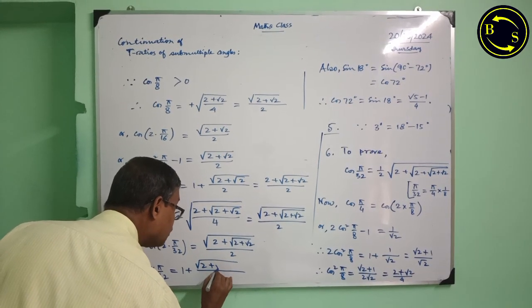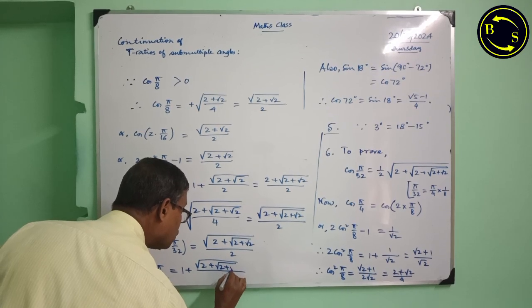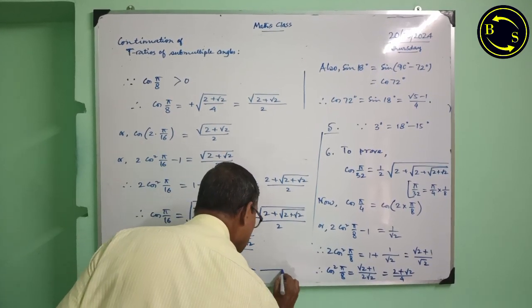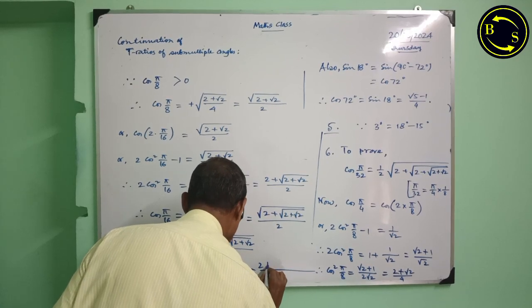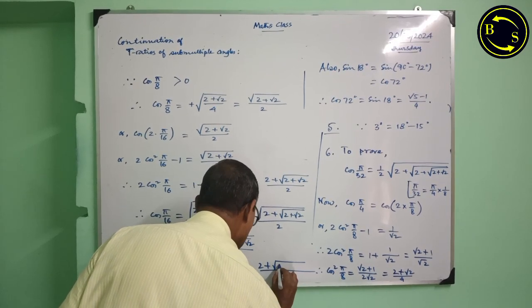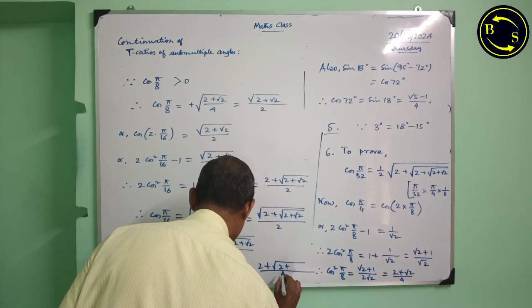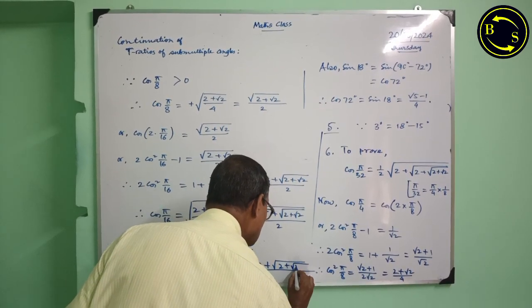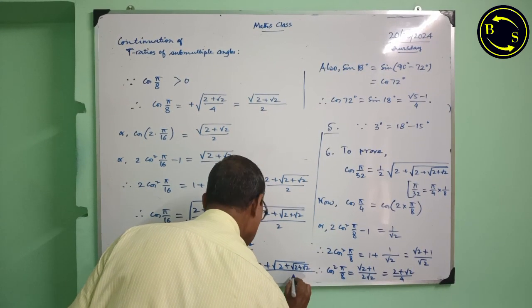On simplification it will be numerator 2 plus square root of 2 plus root 2 by 2.